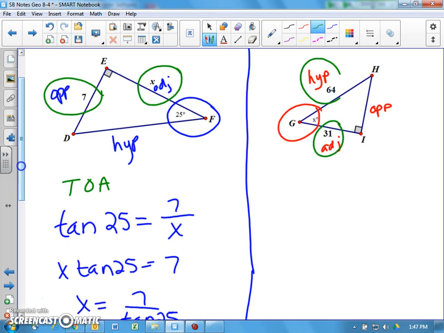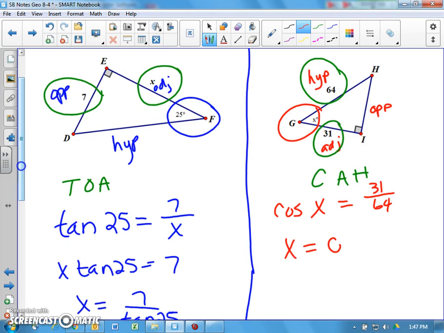Okay, hopefully you identified that you need your adjacent and your hypotenuse, which means we're going to be using cosine. So our equation should be cosine of x, because I don't know my angle measure, is adjacent over hypotenuse. Go ahead, stop the video again, and I want you to solve this for x and type the value into your calculator.